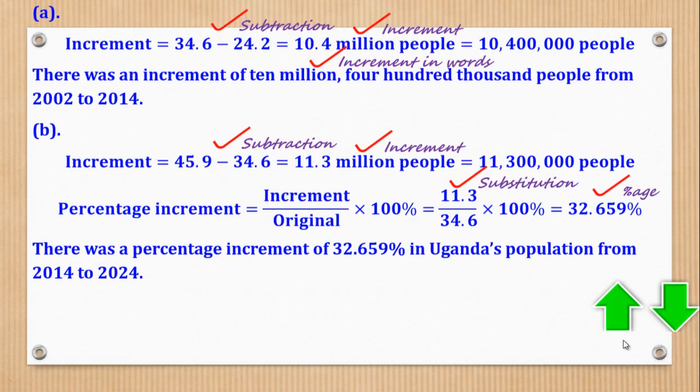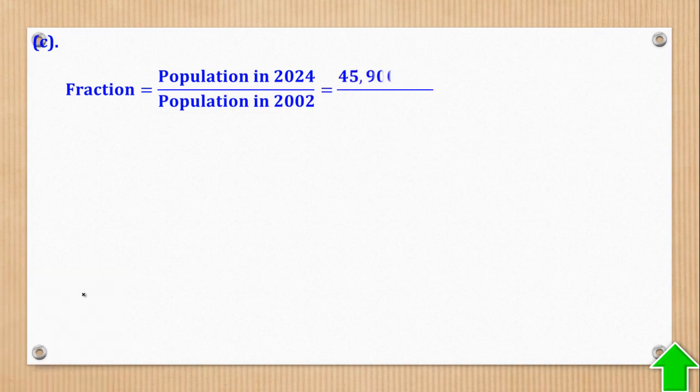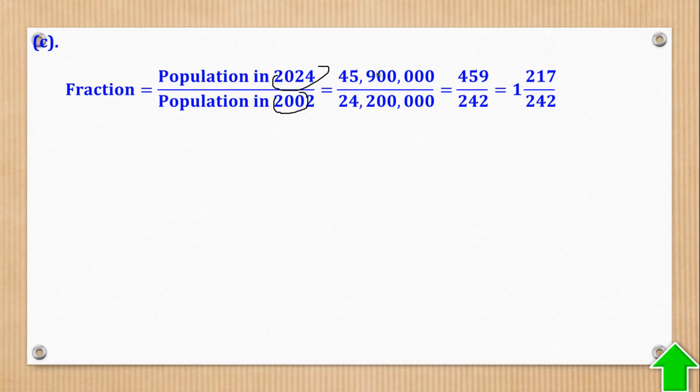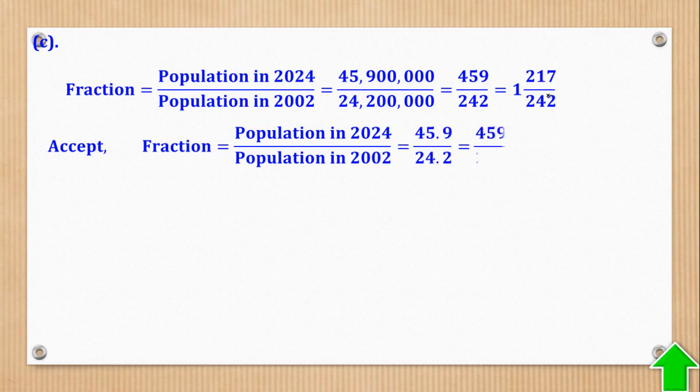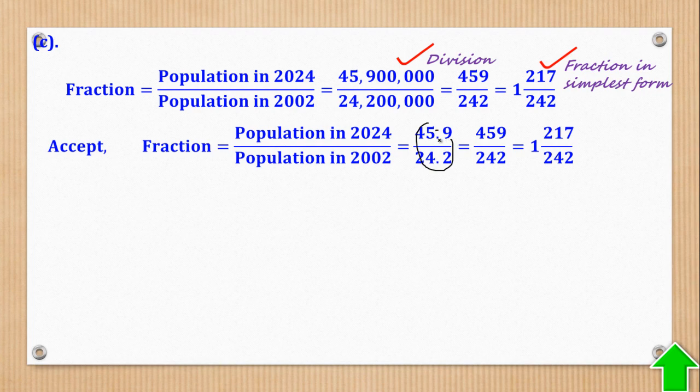So we are testing, do you know what a numerator will be and what the denominator will be? So the fraction will be population in 2024 over population in 2002. So you get this population over that to give you this fraction or this mixed fraction. Alternatively, even if you use the decimal points, it will still be okay, because what we know, a fraction should not stop here. You need to remove all the decimals. So this is okay, and this is also okay.